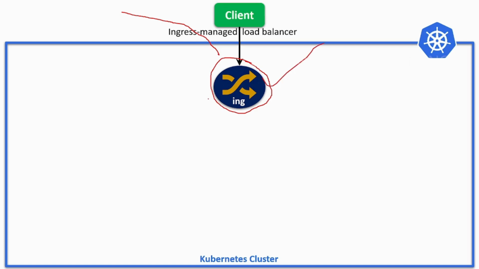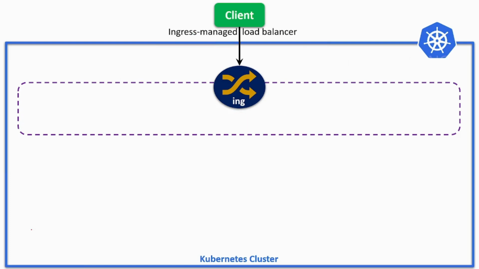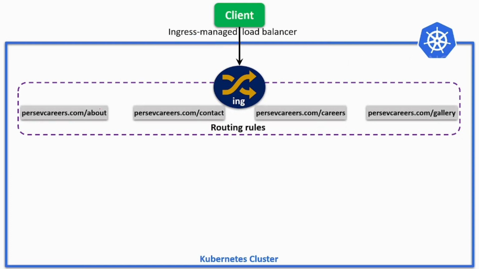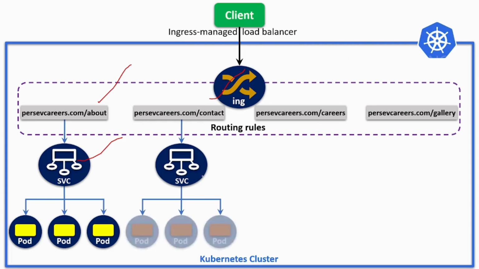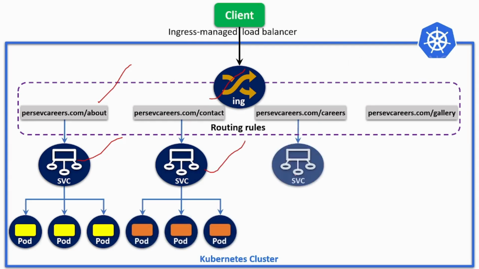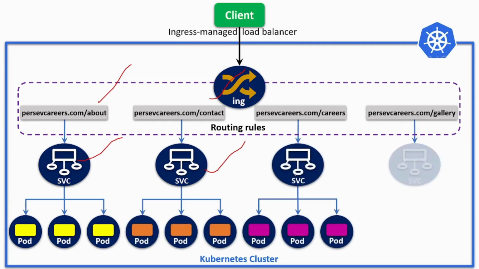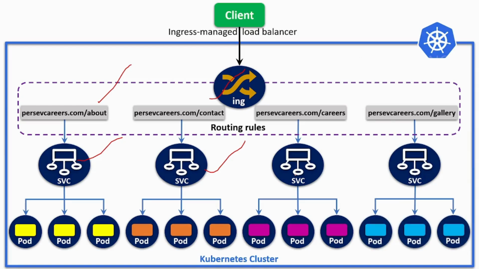To this Ingress controller, the Kubernetes admin will pass some rules. What rules are they? Routing rules. Meaning, if somebody requests about, please route to this particular service only. If somebody requests contact, please route to this particular service only. The same for careers and for gallery.